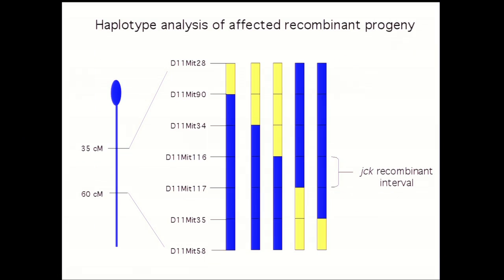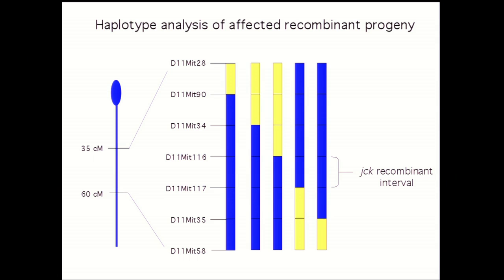And then if you test multiple genetic markers across the chromosome, and you see the MIT refers to work done here, basically, to identify genetic markers, and you calculate the recombination events, and you can then put things in an order, and then you can define a genetic interval in which the mutation must reside.